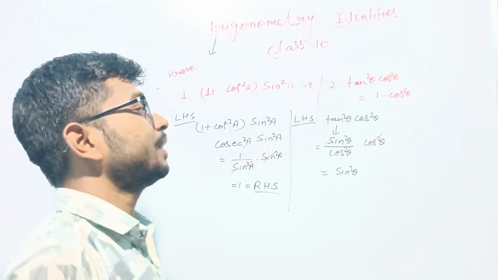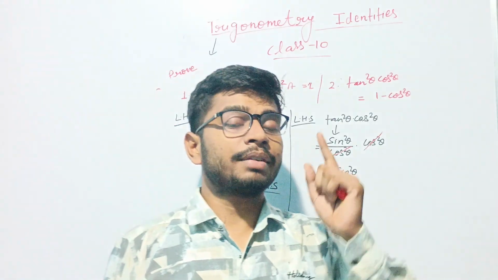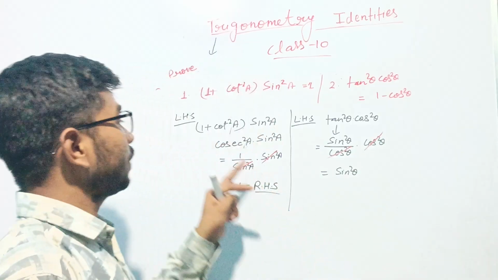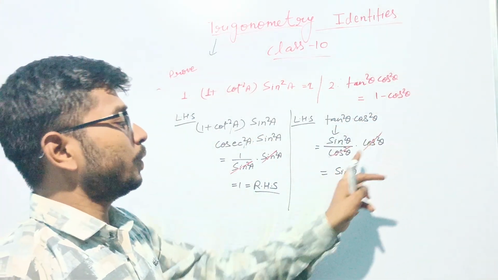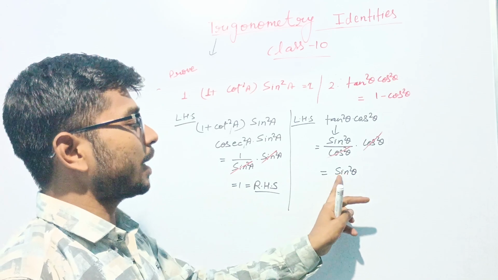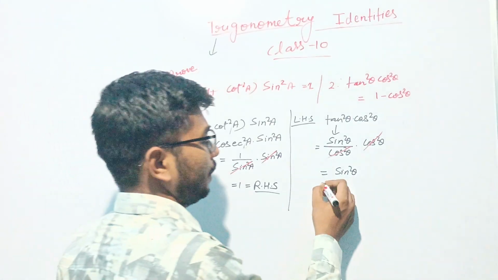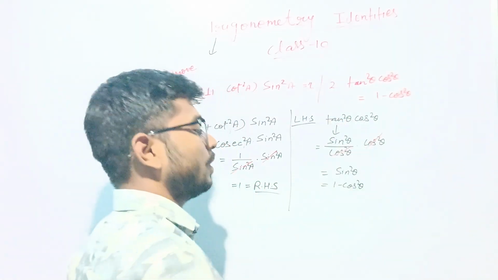But your answer is 1 minus cos square theta. So how will you change? What was the first formula? Sin square theta plus cos square theta is equal to 1. So sin square theta will be 1 minus cos square theta. In place of sin square theta we can write 1 minus cos square theta.